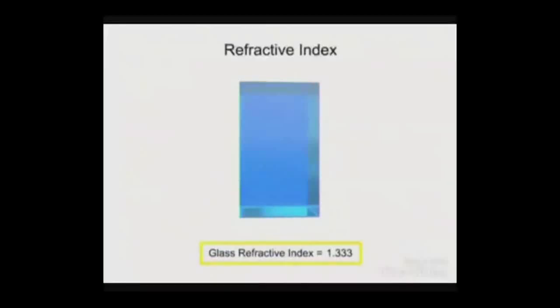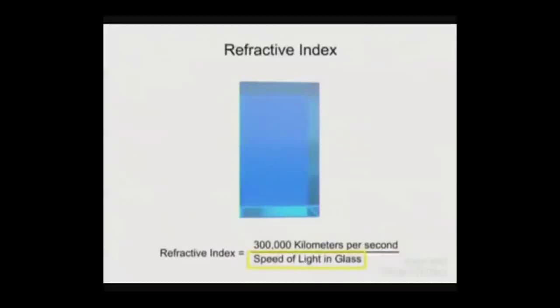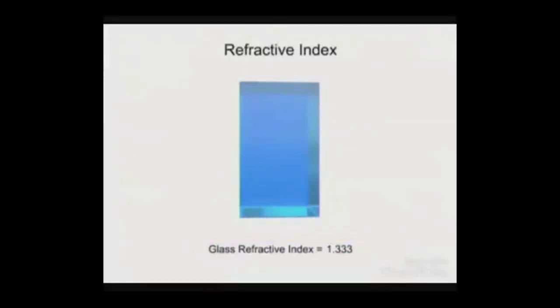The refractive index of glass is 1.33. How do we define refractive index? Refractive index is the ratio of the speed of light in vacuum to the speed of light in the medium. Speed of light in vacuum is 3 lakh kilometers per second divided by speed of light in glass, that is 2,25,000 kilometers per second. It amounts to 1.33. So, the refractive index is 1.33.